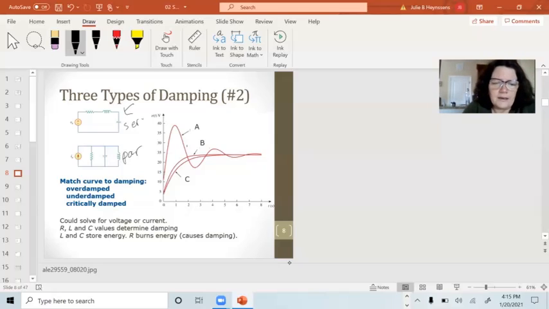Basically, in A, it's bouncing. And I perpetually confuse the words underdamped and overdamped, so you'll hear me stop to think which one this is, but that's definitely underdamped. So A is underdamped.